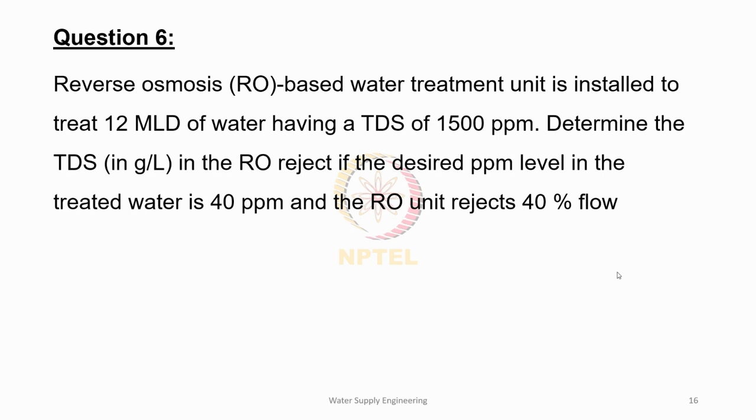It is also given that the desired ppm level in the treated water is 40 ppm. In total we had 1500 ppm and 40% of the flow is being rejected. So what will be the amount of total dissolved solids in the RO reject? I'll give you 2 minutes to solve it. It's a numerical problem. You can type in the value in the chat box once you have done.